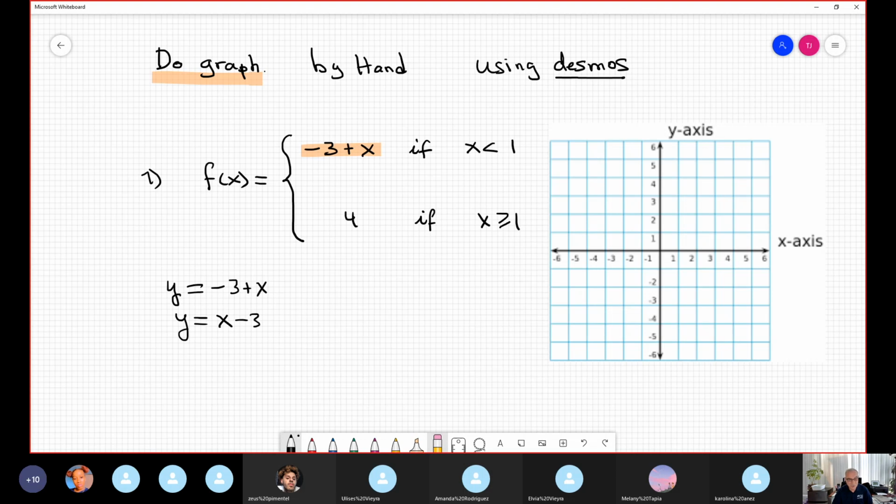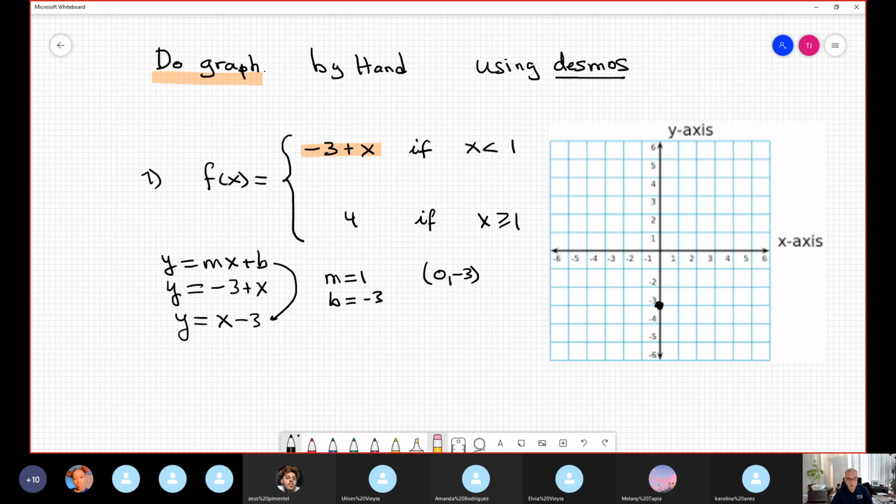It says linear function, and I know that the format for the linear function is mx plus b. Compare this and this. It's obvious that m is 1, the slope is 1, and b is negative 3. b represents the y-intercept, the point where this line crosses the y-axis. So we have one point here, which is (0, -3), and I plot it.